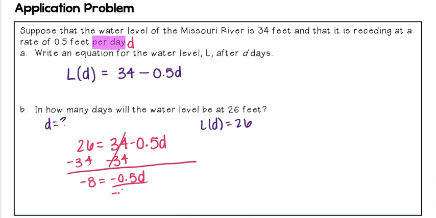Then I'm going to divide both sides by negative 0.5. And I get positive 16. And so the answer is 16 days.